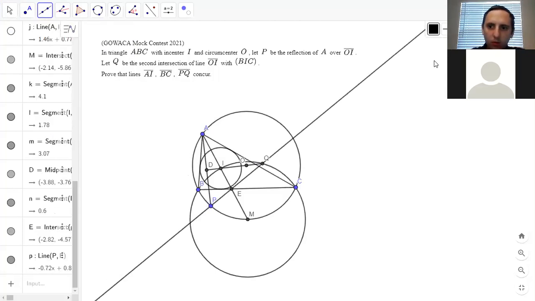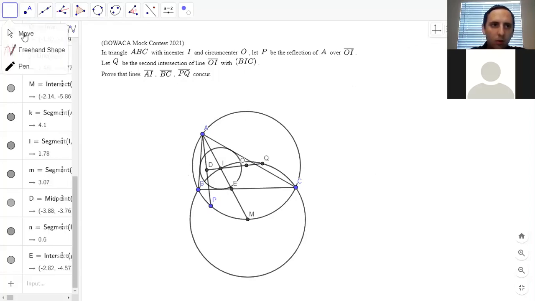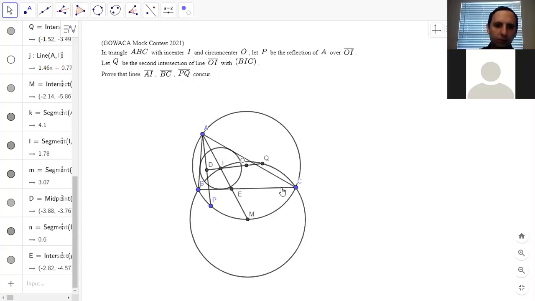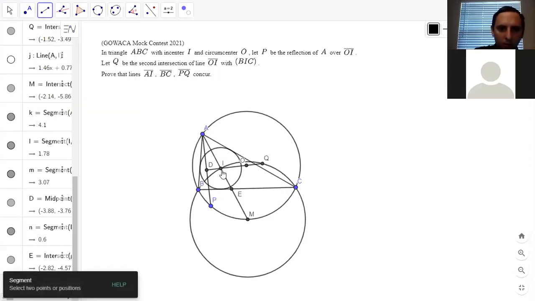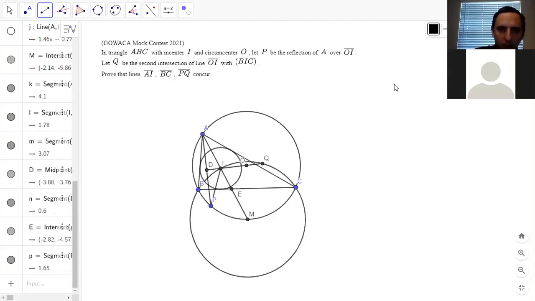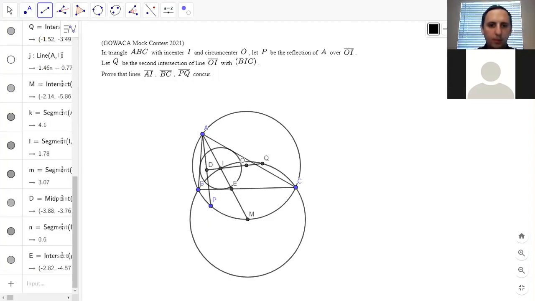No. It looks like there's some kind of reflection symmetry here. AIP is isosceles, QAP is isosceles.